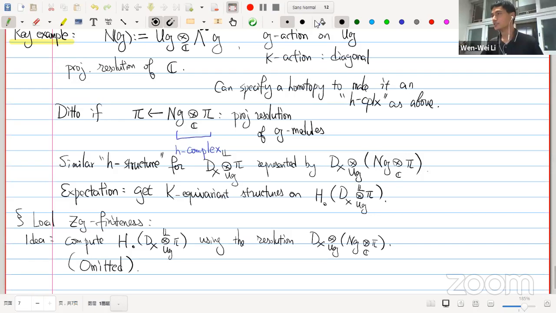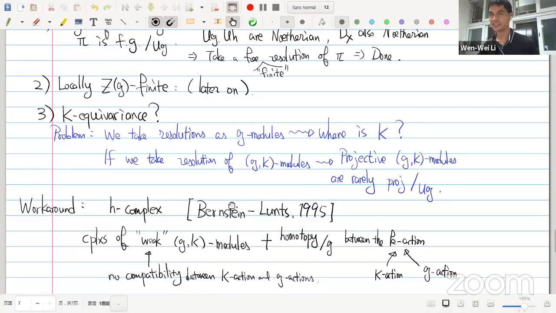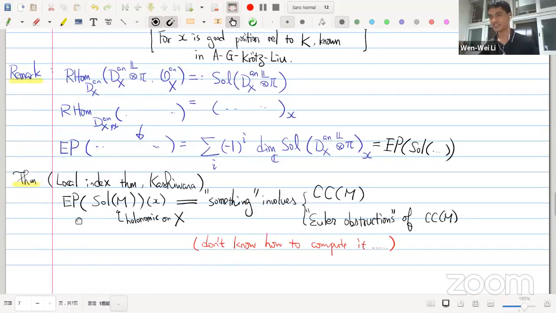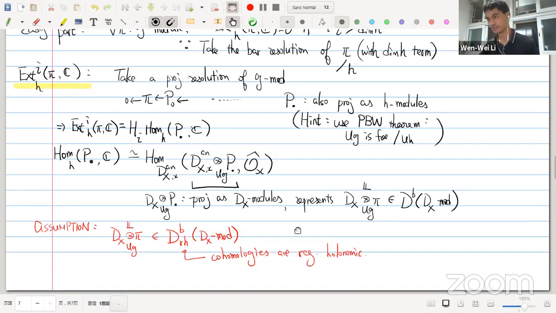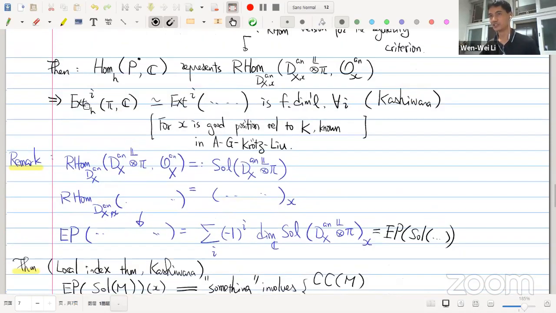So yeah, before I end let me try to summarize. What I'm trying to explain today is, if you believe in this assumption, the red assumption here, something about the regularity of complexes of D modules, then you can get the finiteness of various Ext groups in a distinction problem of Harish-Chandra modules.